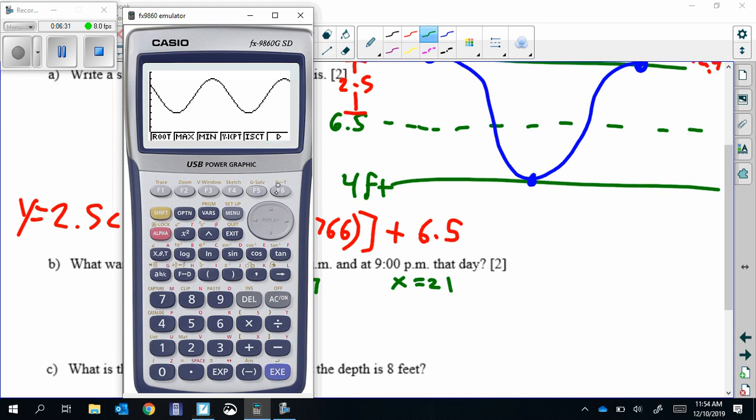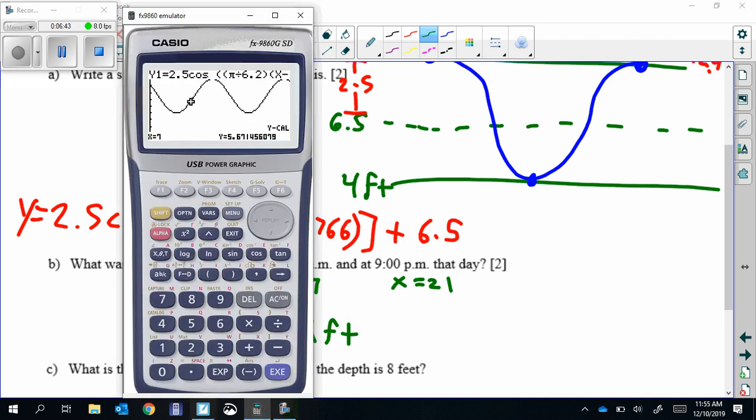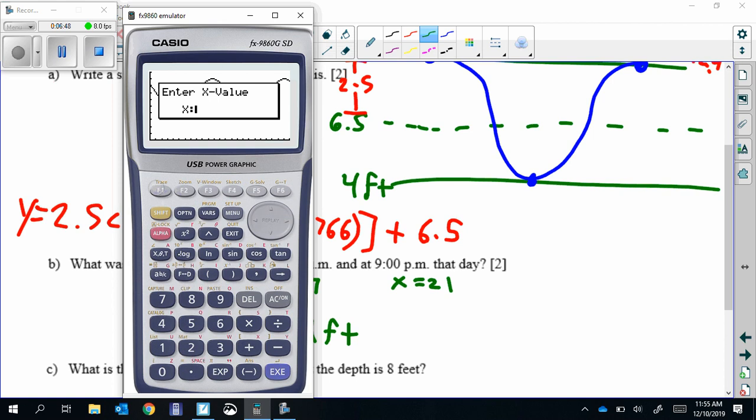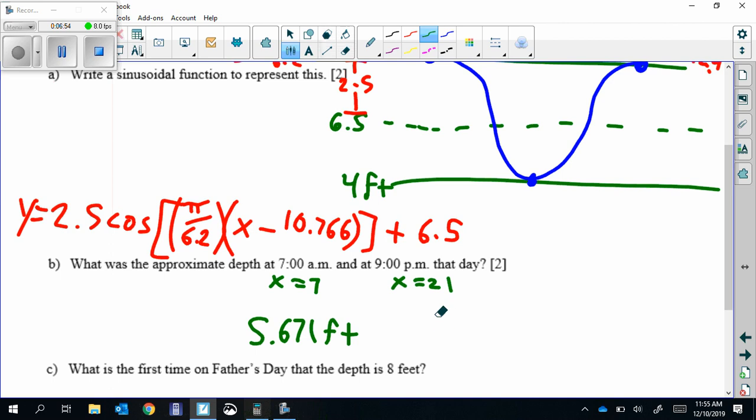So that's a G-solve y-calc with x equals 7. 5.671. And then again with x equals 21. There's our two depths.